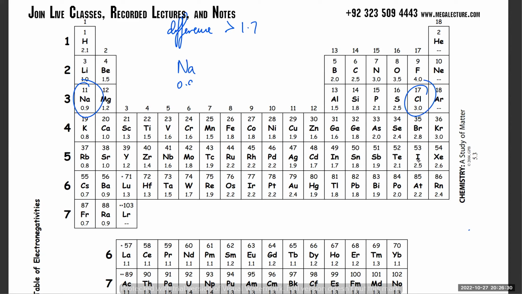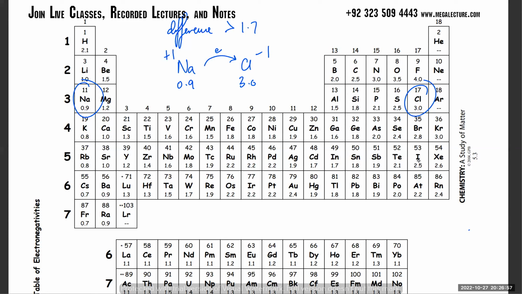Na is 0.9 and Cl is 3. So one of the elements is so electronegative that it's going to gain electrons from the other one. Is that clear? And it will become -1, and this one will become +1. Is that clear? Yes. But then you have covalent molecules.